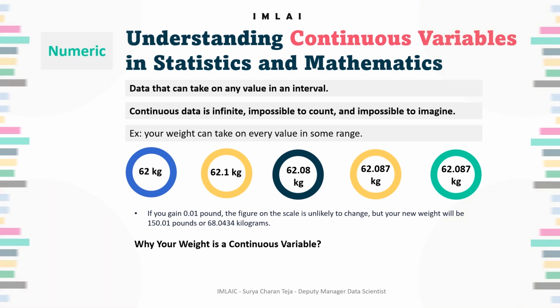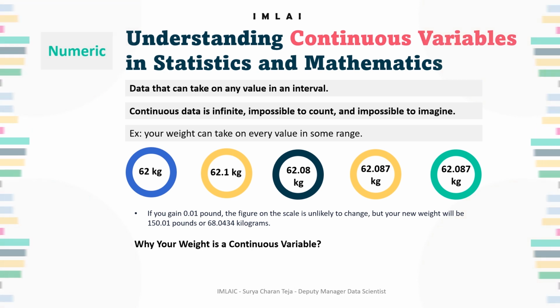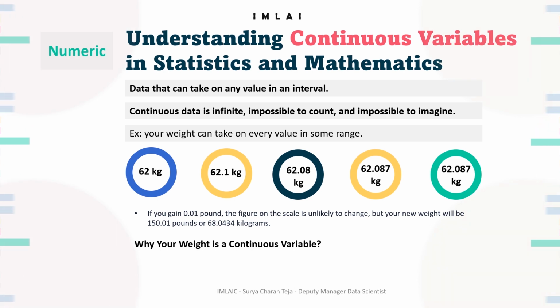But now the question arises, why is your weight a continuous variable? Why not any other type of variable? Why not discrete? Because now let's think about sweating. Every drop of sweat reduces your weight by the weight of that drop. But once again, a scale is unlikely to capture that change. The process of losing and gaining weight occurs all the time, so your exact weight is a continuous variable.